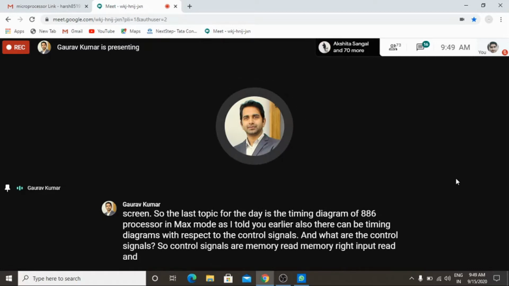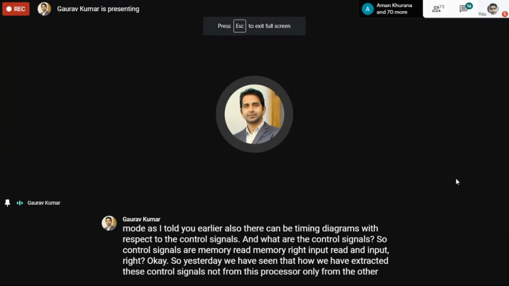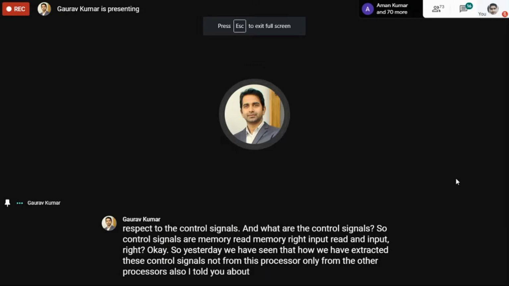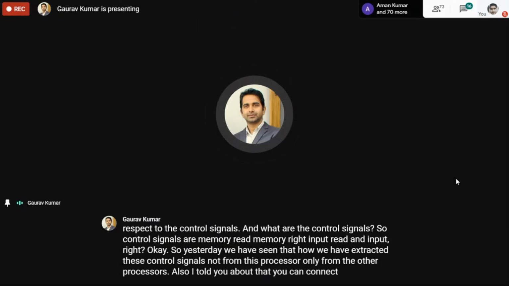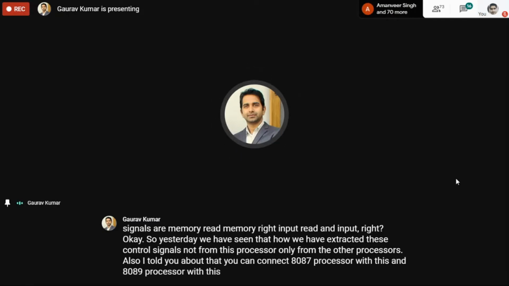Okay, so yesterday we have seen how we extracted these control signals, not from this processor only, but from the other processors also. I told you that you can connect the 8087 processor and the 8089 processor with this 8086 processor to enhance the strength of the complete system.